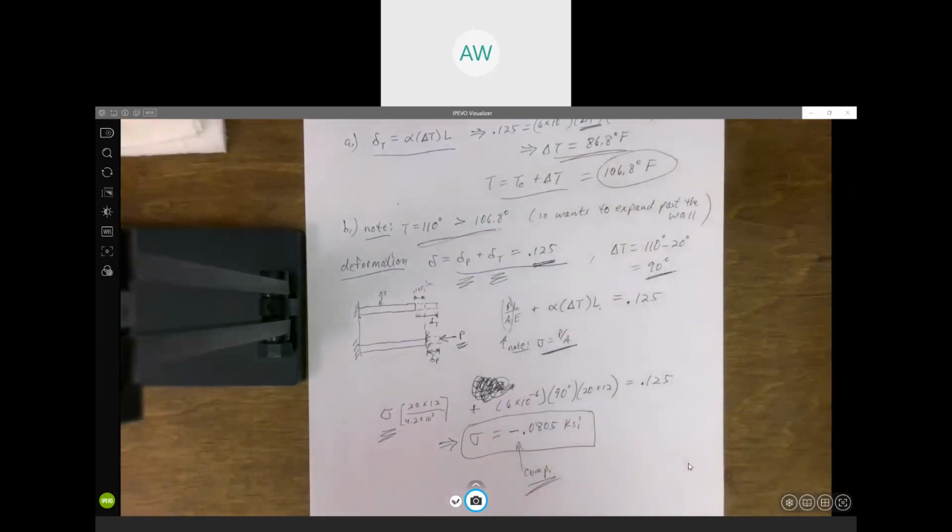This is exactly why those little gaps are between the concrete slabs in the highway or on the sidewalk, so that when the temperature changes, that concrete has room to expand so that you don't get that compressive stress. It doesn't hit the next slab and you don't get that compressive force, which causes the stress.